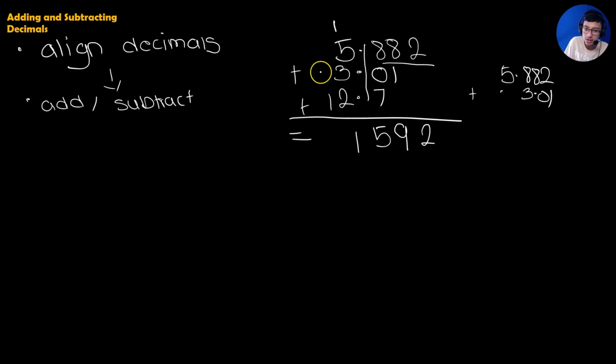And then 1 goes on the top here. 1 plus 1 equals 2. And don't forget to add our decimal point at the end. Our highest number has 3 decimal places, so the decimal goes after 3 decimal places. So 1, 2, 3 goes right after 5. So our answer is 21.592.